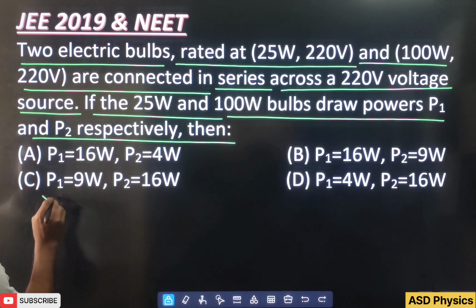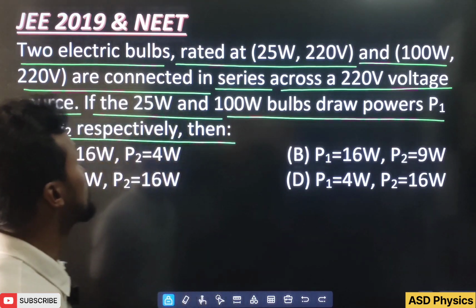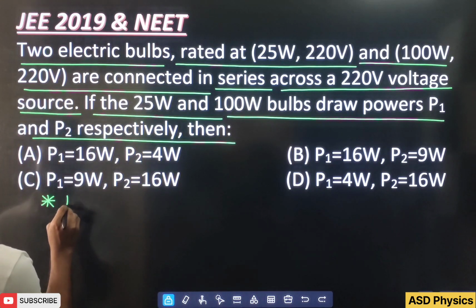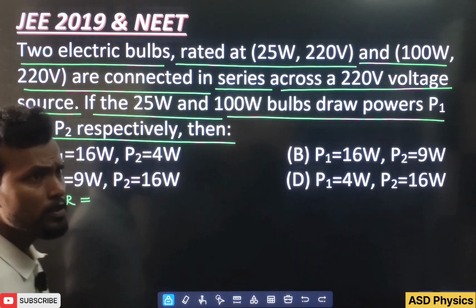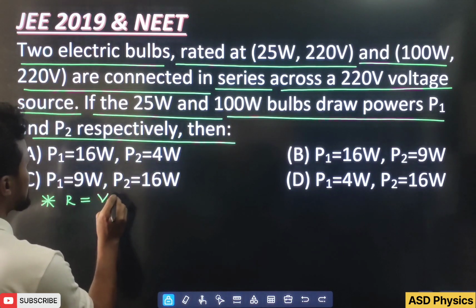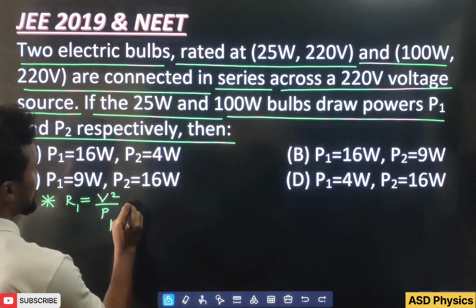Okay. So remember that here first we have to calculate the resistance of the bulbs. If we talk about the first bulb, what is the resistance? You know the formula P equal to V square by R, that means R equal to V square by P. So R1 means V square by P1.